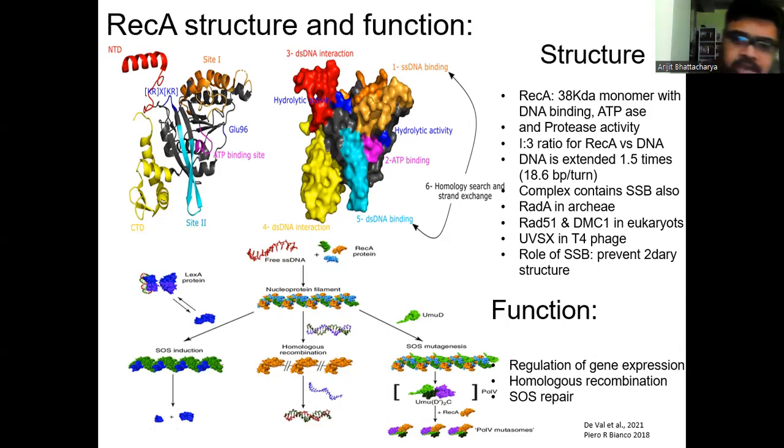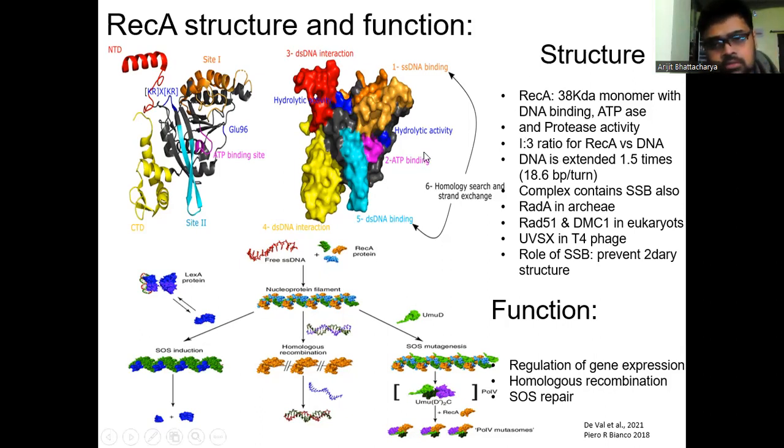When it binds to DNA, it binds with a ratio of 1:3. So that means in one RecA DNA binding pocket, three nucleotides can be hosted. And this kind of interaction results in extension of the normal B helix of DNA to almost 1.5 times, that is 18.6 base pairs per turn.